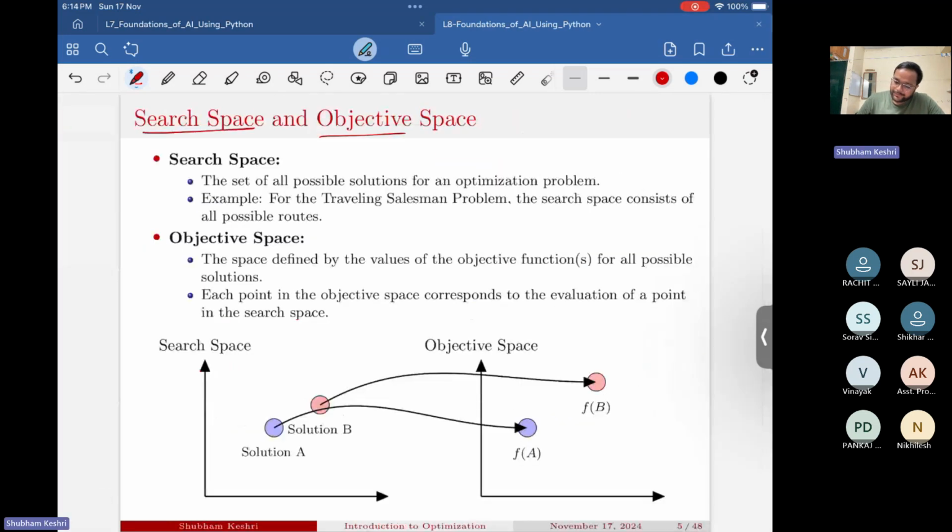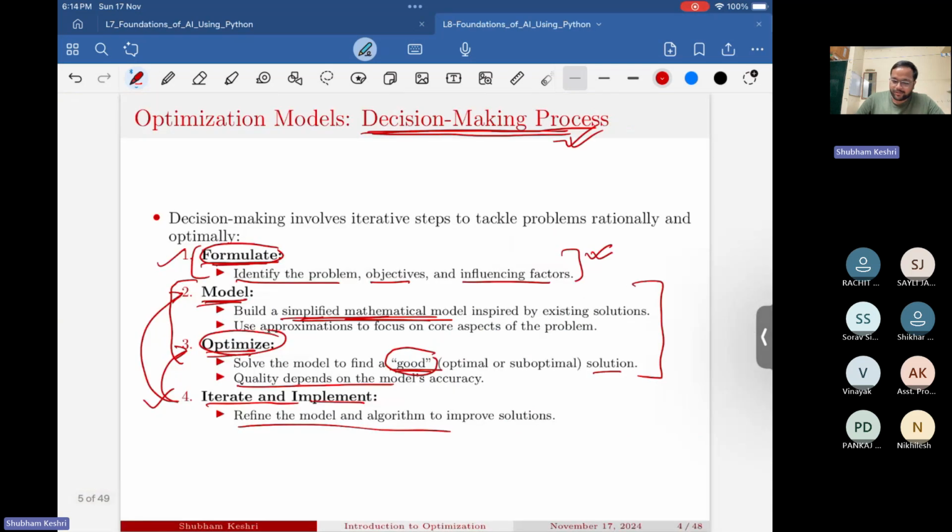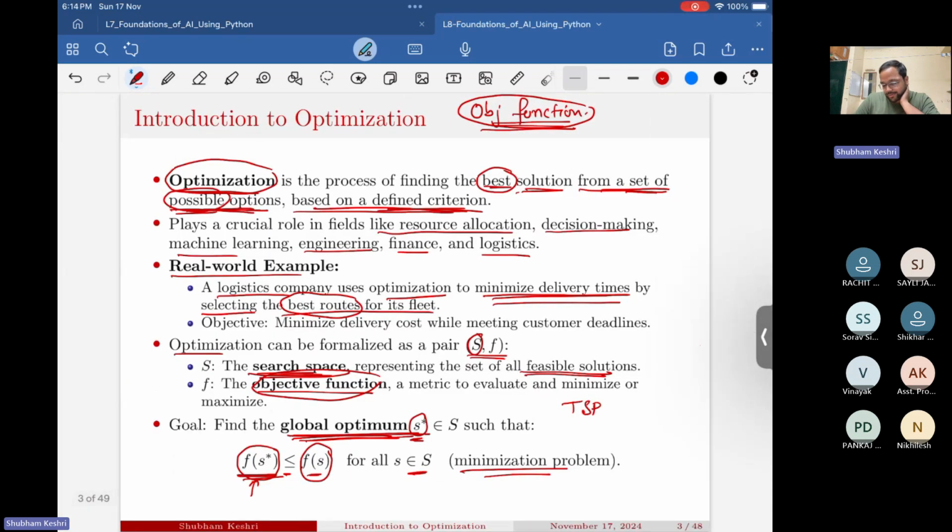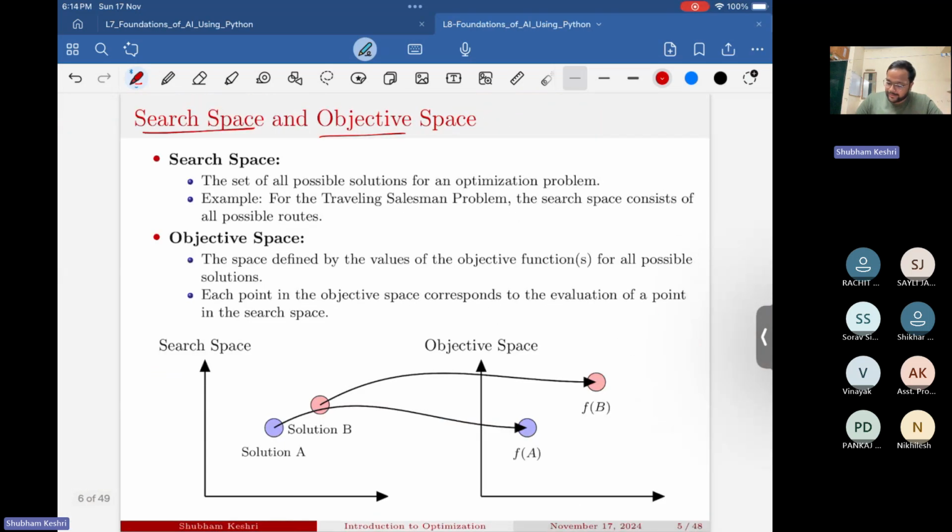Now we'll go back. So actually this slide is not perfectly placed, it should have come first and then this slide should have come. Nevertheless, we were talking about search space and objective space. So I have given one diagram to specify what search space and objective space is. You see, this is a two-dimensional search space. So there is x1 and x2.